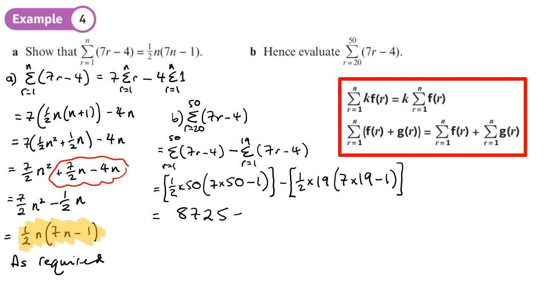Minus, now what I'm going to do is scroll back, delete the 50s and put 19s there. And I get 1254. So 8725 minus my answer, 7471. 7471. There we go.